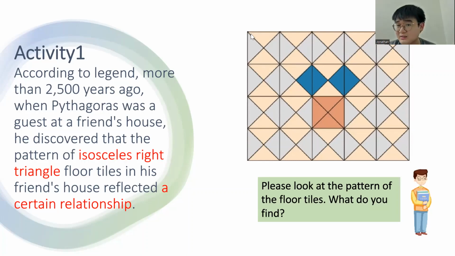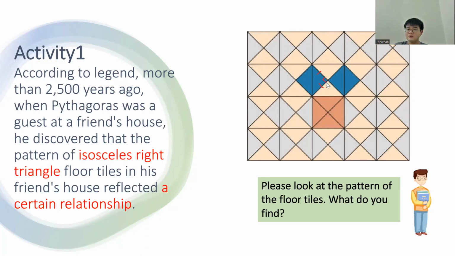Okay, so you can see that these are all square tiles, and each of them has four isosceles right triangles. Isosceles means they have two sides of the same length. Let's say this length and this length are the same. Right triangle means that it has a right angle, like this.